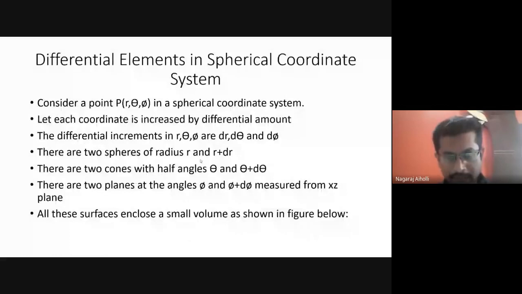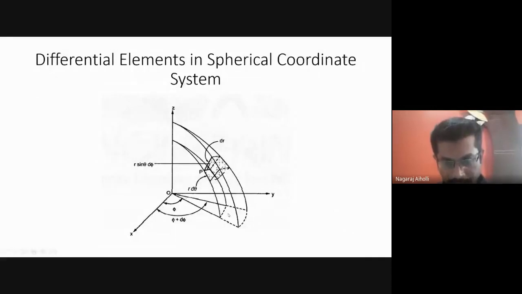That is given by r d phi multiplied by the sine of the subtended angle, sine theta. So this r d phi is increased to r sine theta d phi.